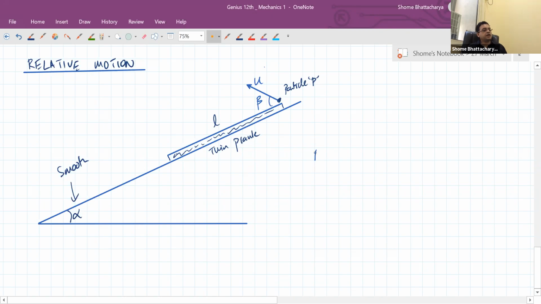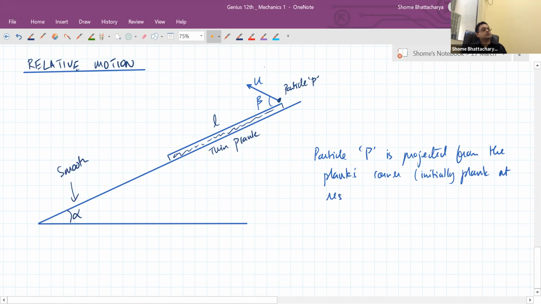So the particle P is projected from the plank's corner, initially the plank being at rest, at t equal to 0, and simultaneously the plank is released.